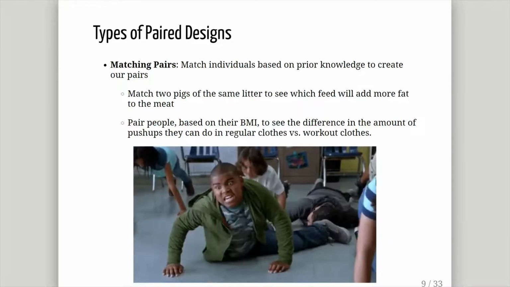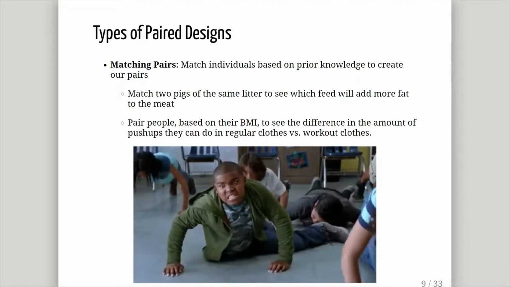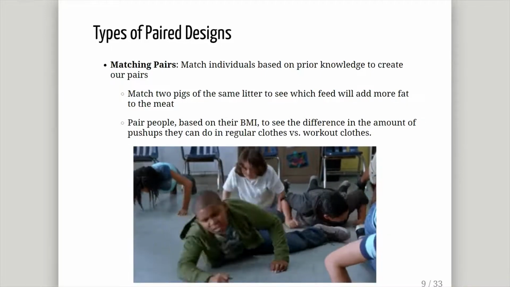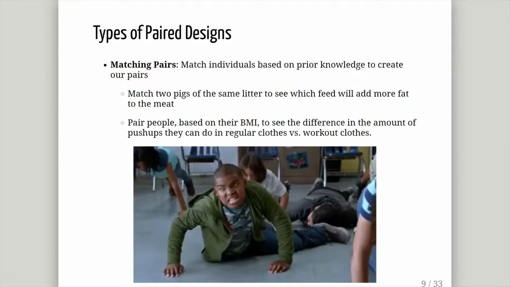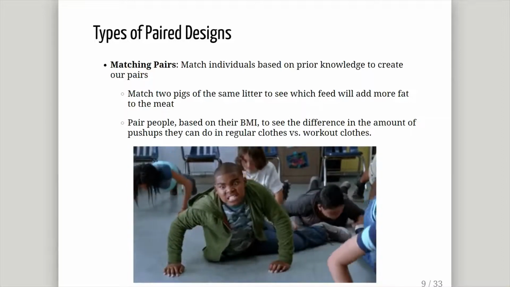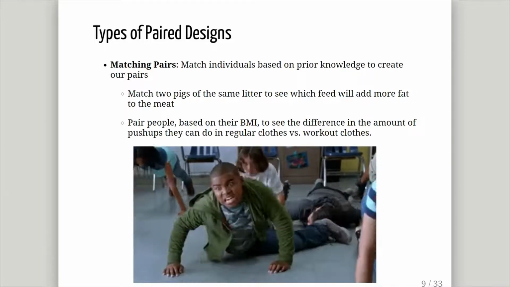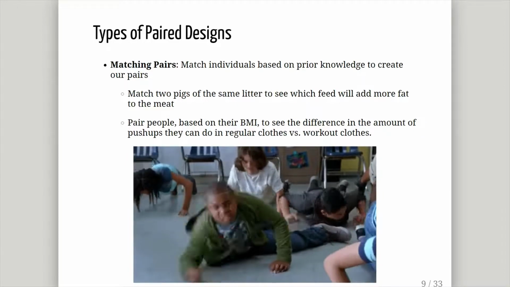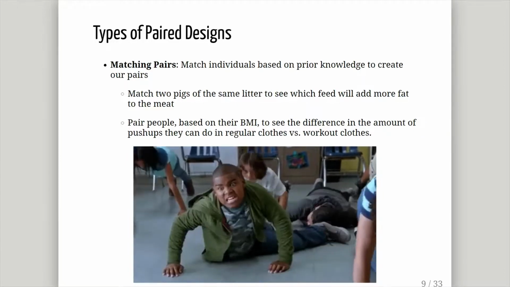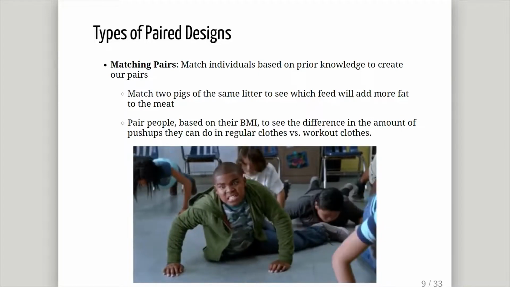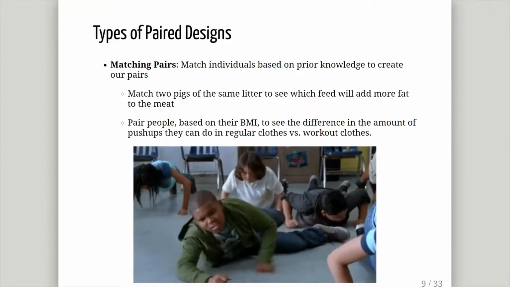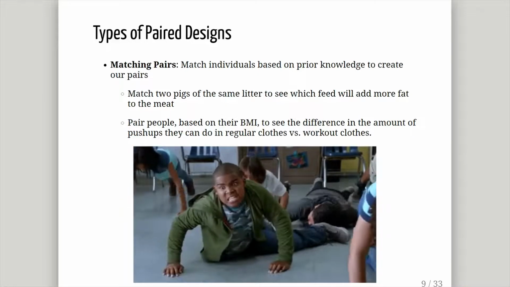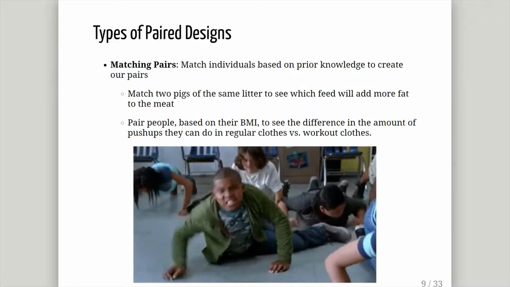Second type is called matching pairs. An observational unit, which is a pair, are subjects that are very related to each other. So, two examples here. We could pair up two pigs that came from the same litter.